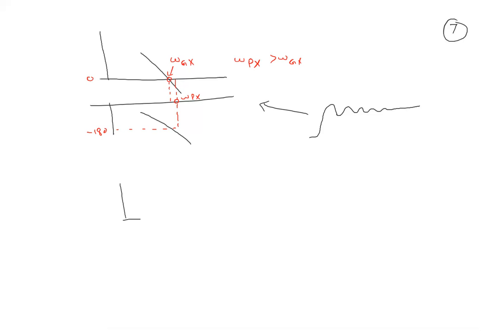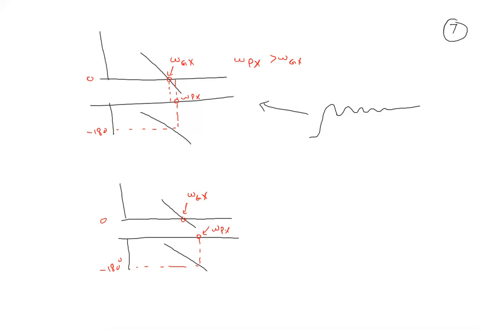But if my system is like this, shown here, if this is my gain crossover frequency and this is my phase crossover frequency, which is a good amount far. This is omega gx. This is omega px.